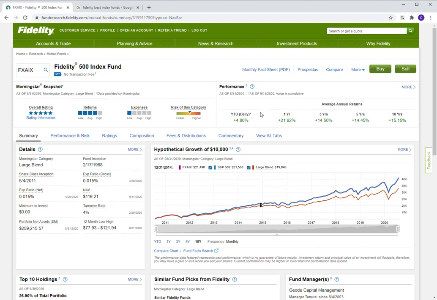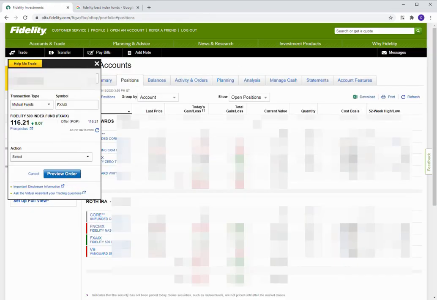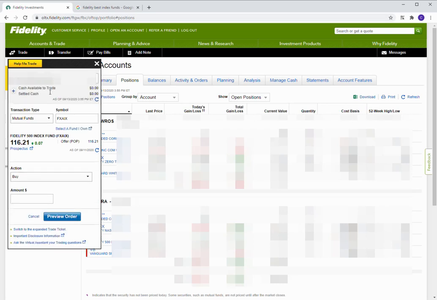All right, so we have done our research. We decide that, yes, we do want to go ahead and buy this fund. We can either click the buy button right here, or we can go back to accounts and trade. Let's just go ahead and click buy right here. It's going to take us back to our accounts page anyway, and then it's going to give us our trade slip. The symbol is already filled in for us.